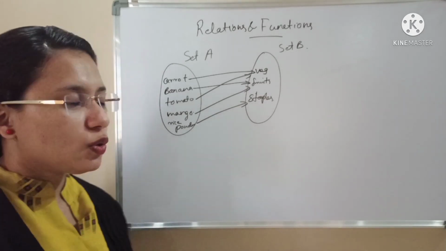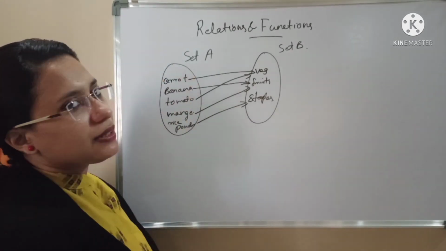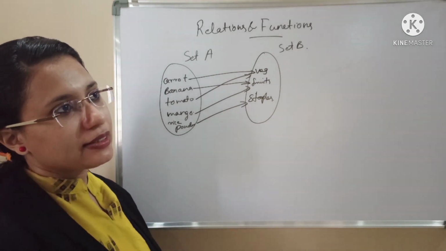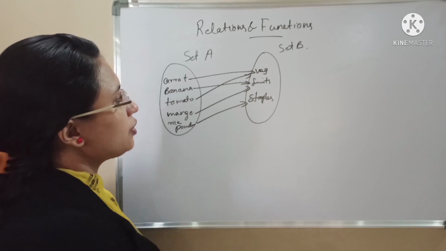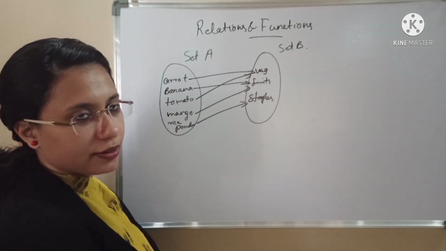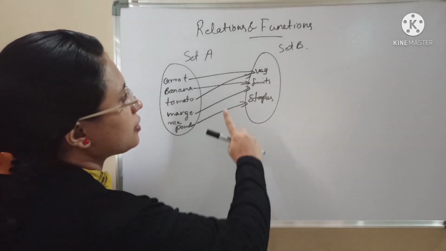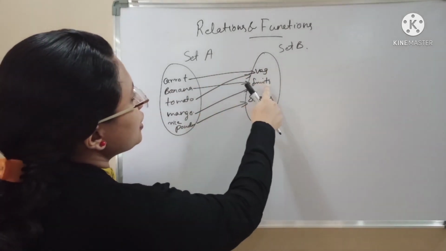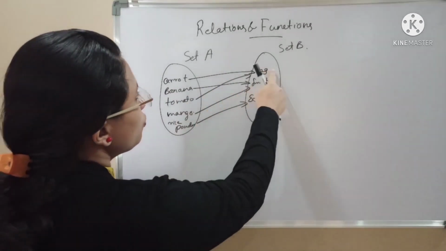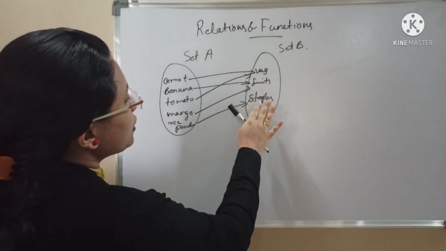When we look at this relation, for every element in set A there exists only a single relation with set B, right? Carrot has only one relation with set B. Banana is related with fruit, tomato with vegetable, mango with fruit, and rice powder with staple.